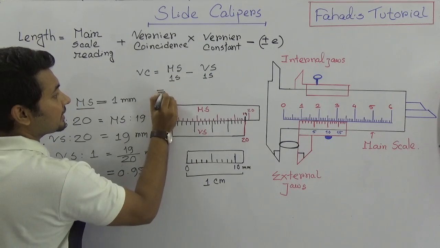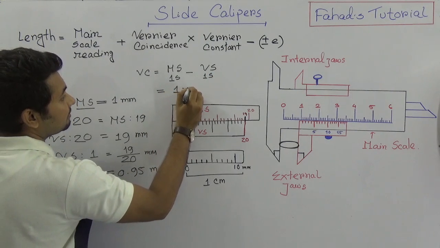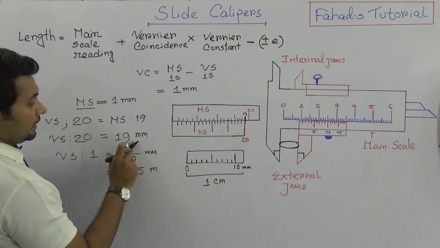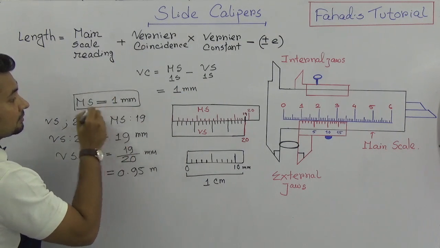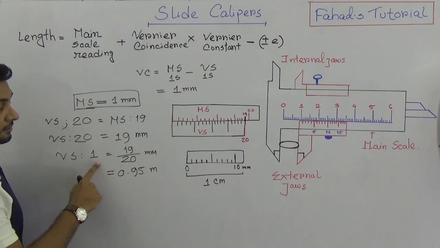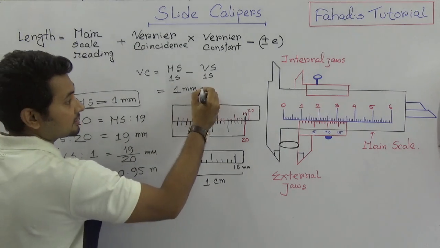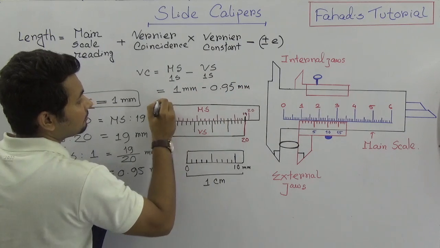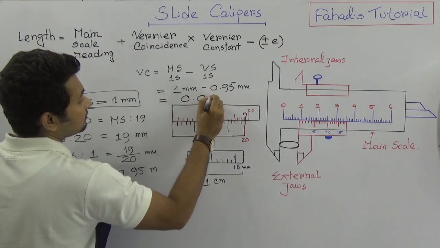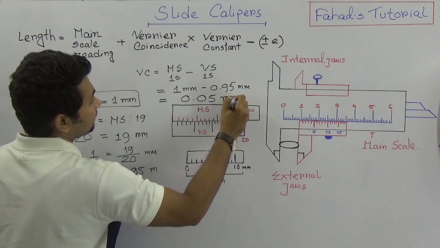The main scale space is 1 millimeter, and the Vernier scale 1 space is 0.95 millimeter. If I subtract 0.95 millimeter, we find that the Vernier constant is 0.05 millimeter.